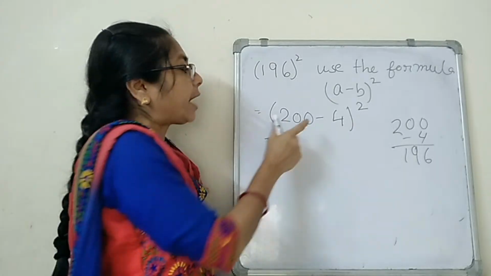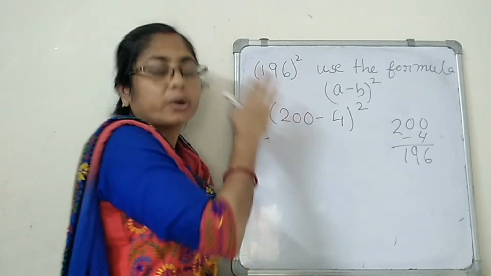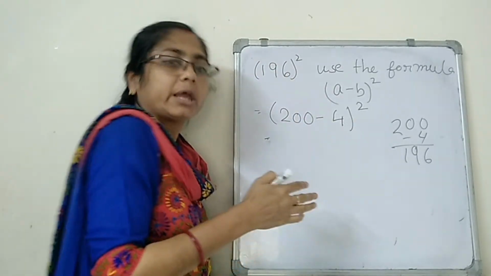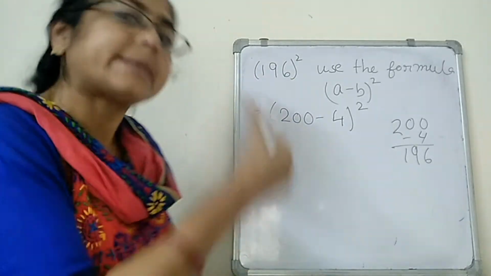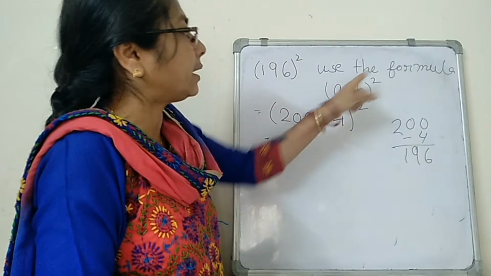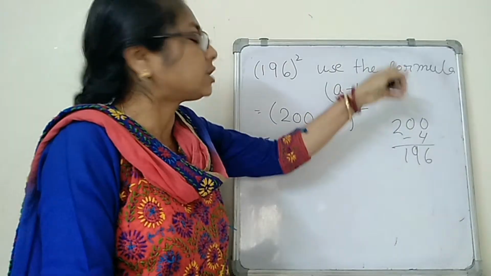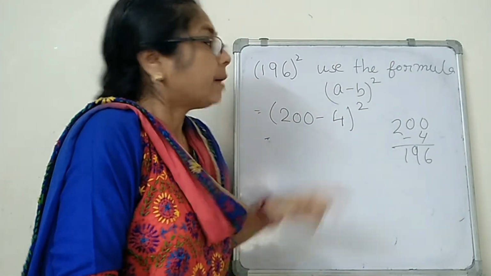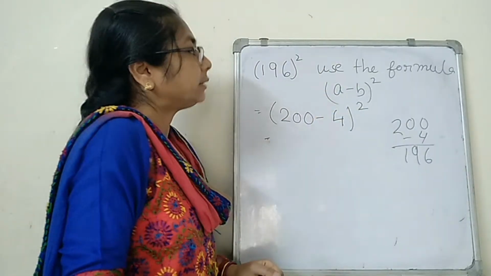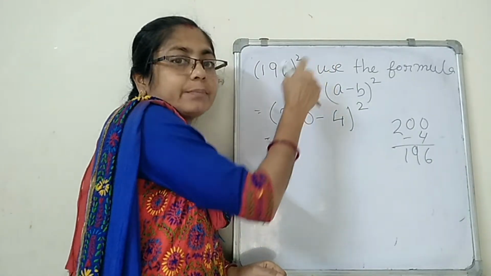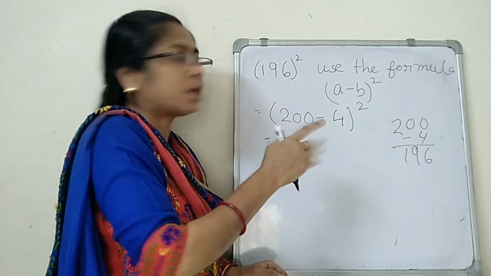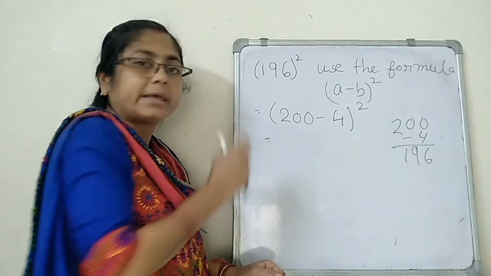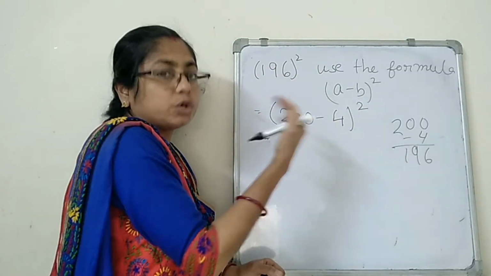So we should write it in minus format, not in plus format. If you write 190 plus 6, it is okay, but only if the math says to use the formula (a plus b) whole square. But look at the math, where they tell us to use the formula (a minus b). So we can't do that. We do it in minus format.